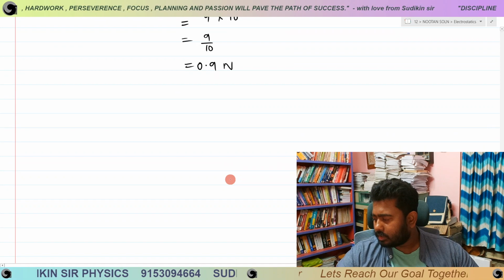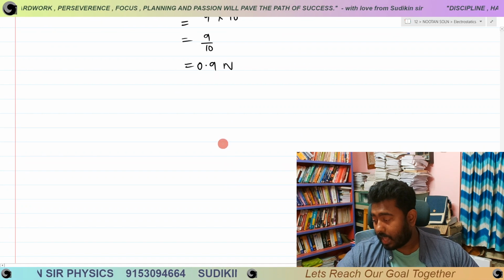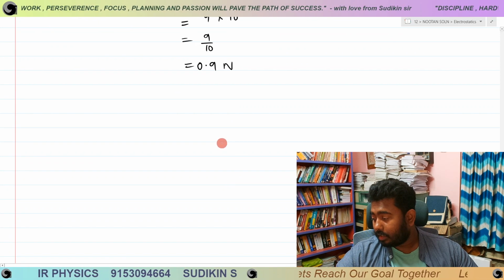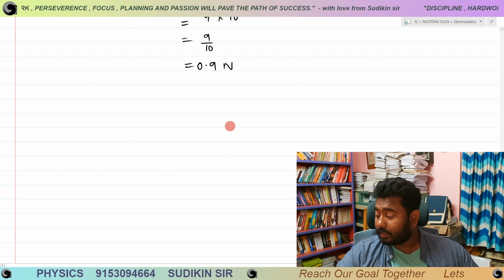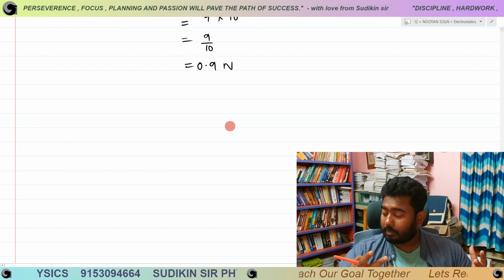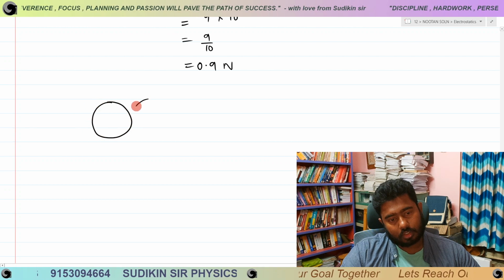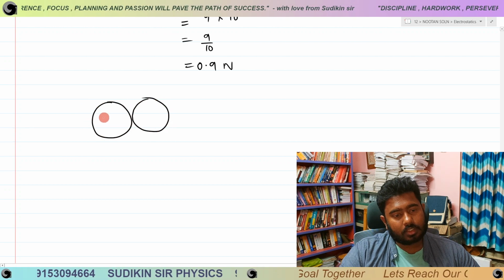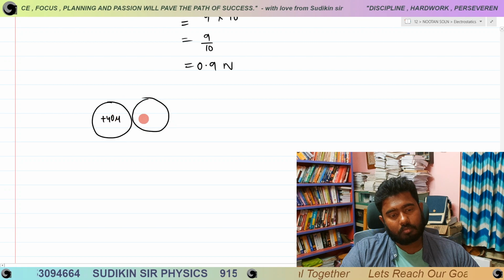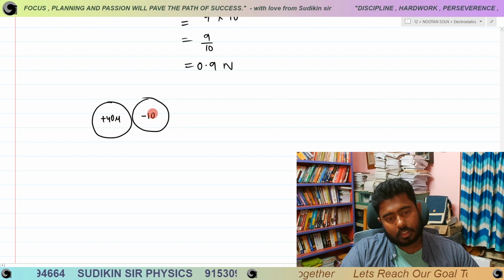Now they are saying what is the magnitude and type of force acting between them. Next, they are touched to each other and again separated by a distance of 2 meter. So then we are touching them together. Previously this was 40 microcoulomb and this was minus 10 microcoulomb.